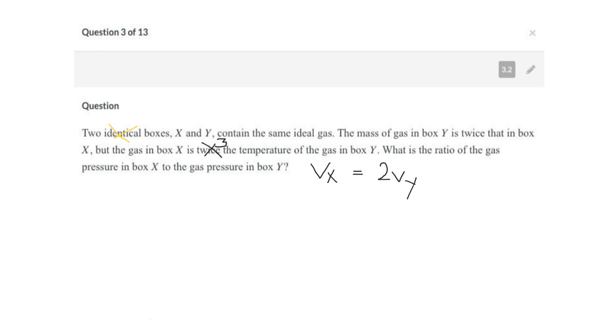So have a go at that one now. Okay, so this time you get a ratio of 3Px equals 4Py. Is that what you got?